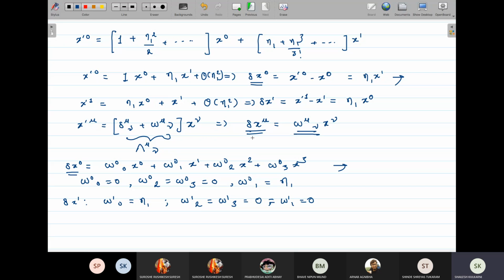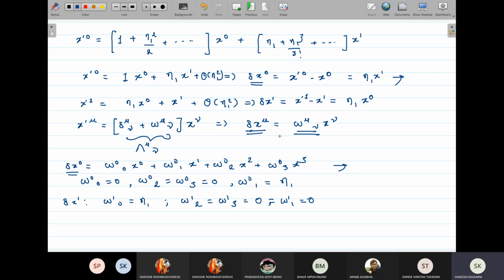In the actual case, we should only assume this one, because we don't know what the finite Lorentz transformations are. We should start from this and generate the finite Lorentz transformation. But this is just to emphasize that we are on the correct path, and all these notations are in proper order.